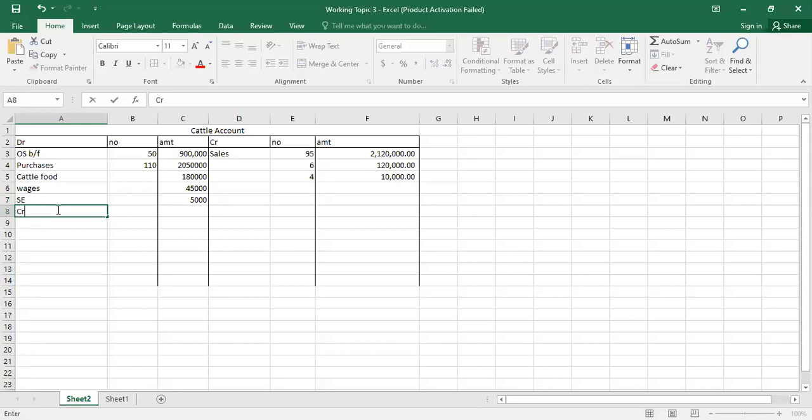So you have the crop account here. Those were the contra entries I was talking about. Some of the entries will be contra. They'll have a double entry system, but most of them don't because it's merely an expenditure item. So we are going to have the 50,000.